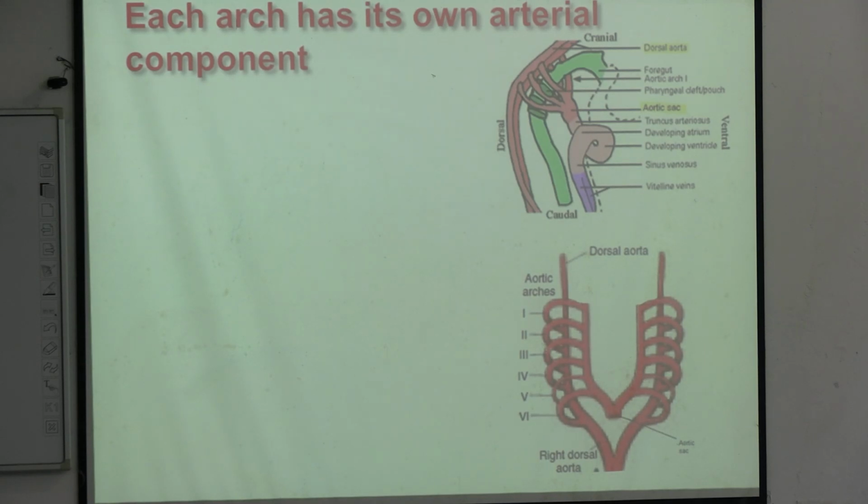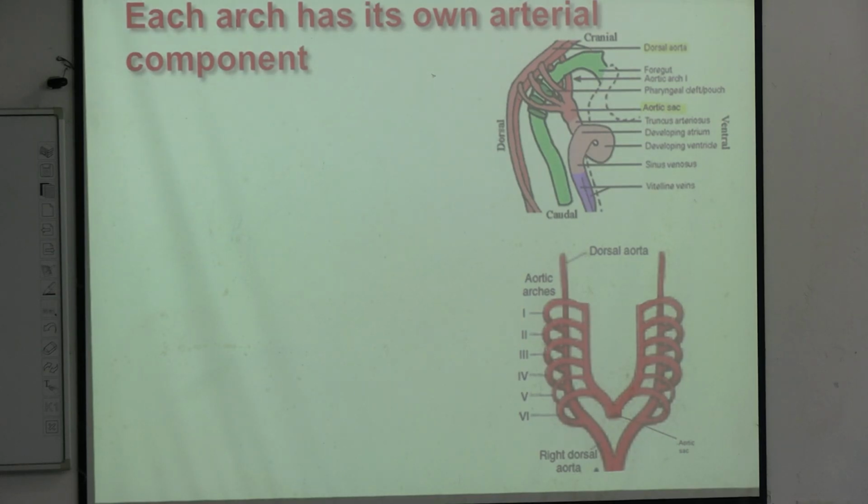Likewise this particular arch itself. So we have the first arch artery, second arch artery, third arch artery, 4th and 6th. And out of this 1 and 2, in adult we have a very little contribution. So one is going to form the maxillary artery, other one is going to form a tiny artery, we call them a stapedial artery.